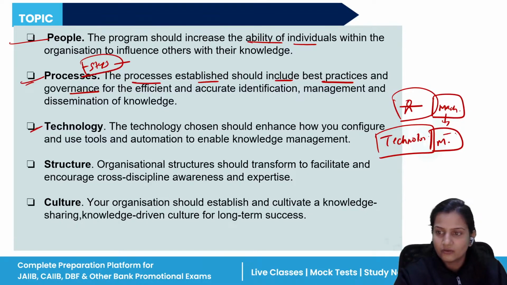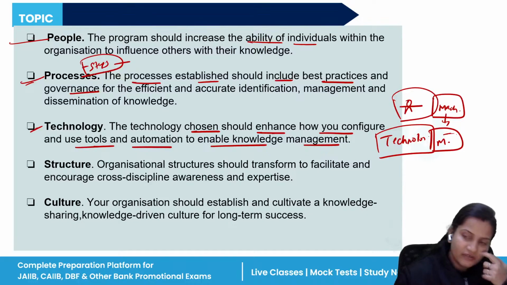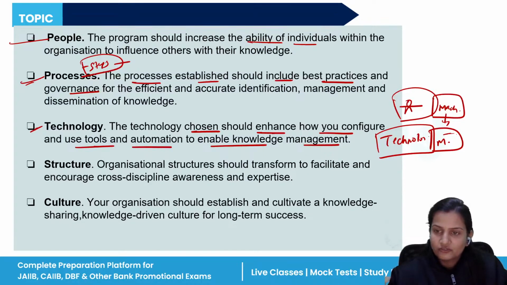No, you cannot figure it out properly. So technology chosen should enhance how you configure and use tools and automation to enable knowledge management. Everything is being automated, so you should know each and everything. If you are working in any organization, you should be technology friendly. You should know all the ins and outs of that technology.